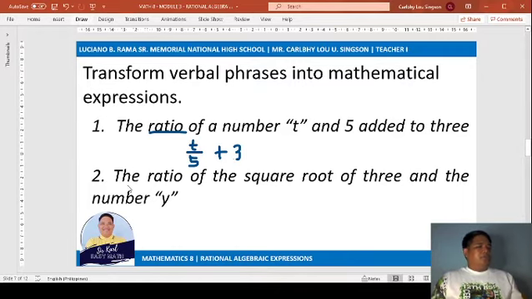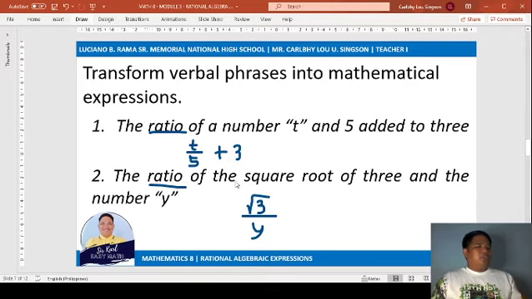Okay, number 2, the ratio. It is in the fraction form because it is still the ratio. The ratio of the square root of 3 and the number y. So since it's the square root of 3, it will look like this: square root of 3 over y.